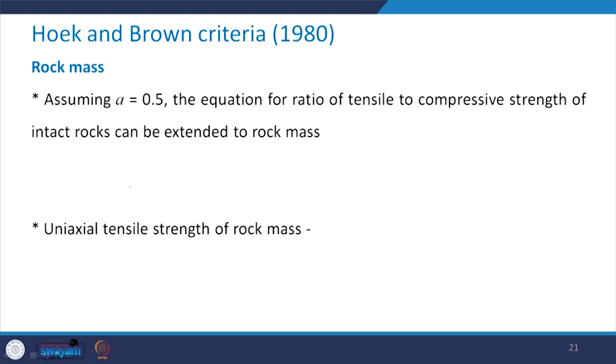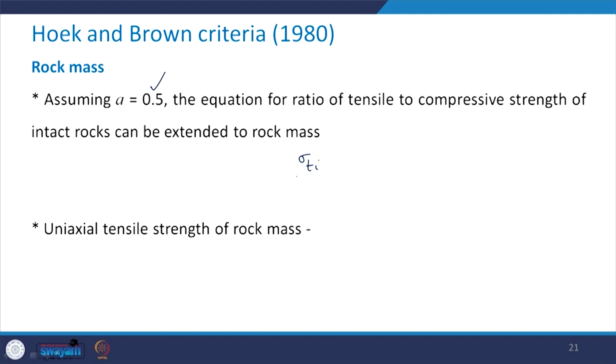Then, assuming A is equal to 0.5, let us try to find out the equation for the ratio of tensile to compressive strength of the rock mass. So, first let us see what was the equation for the intact rock.